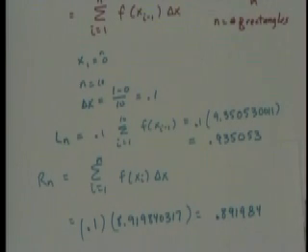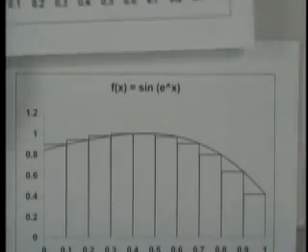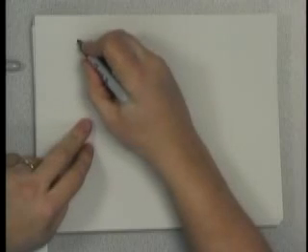My guess when you look at this one was that the left endpoint was too high, and the right endpoint is going to be too low, so how about we average them? So I'm going to add those two and divide by 2.